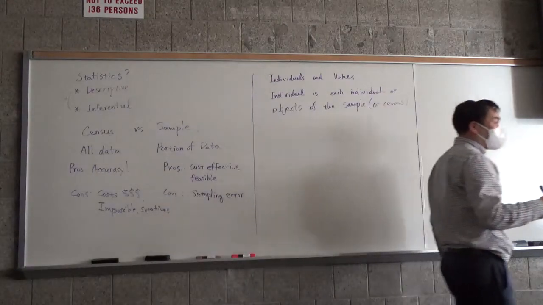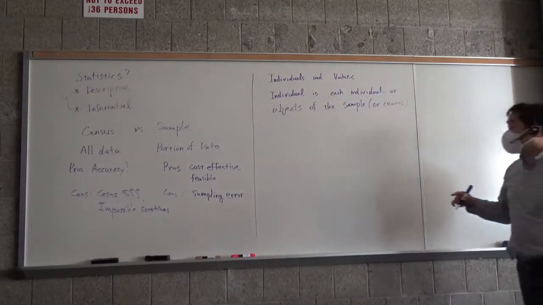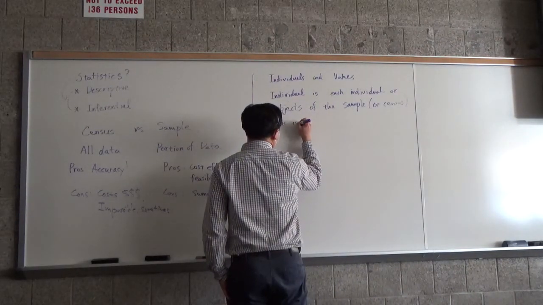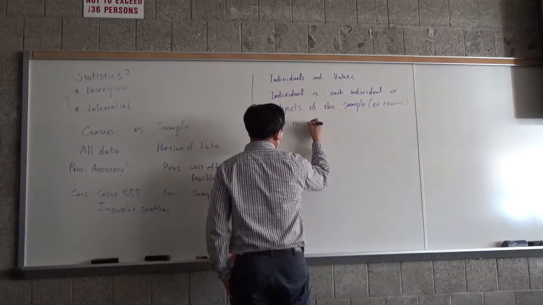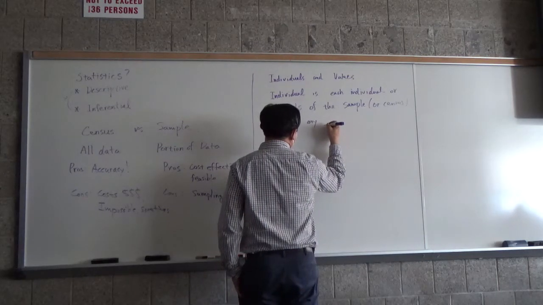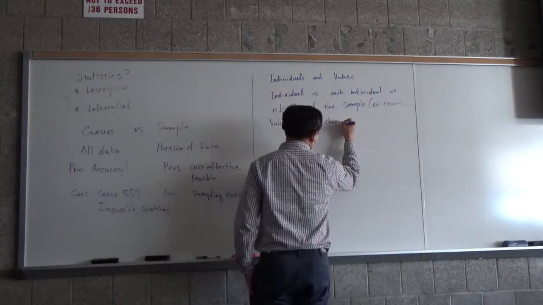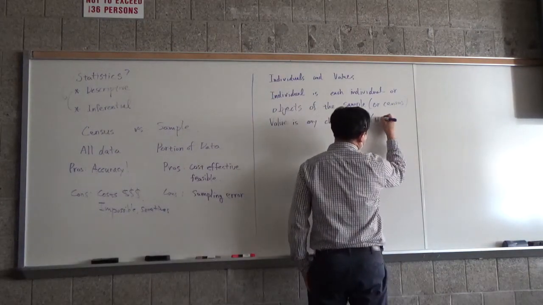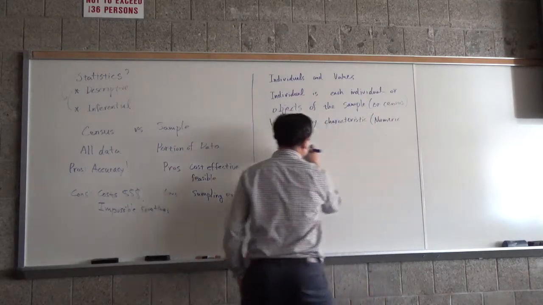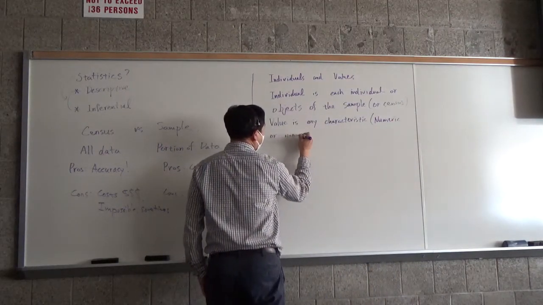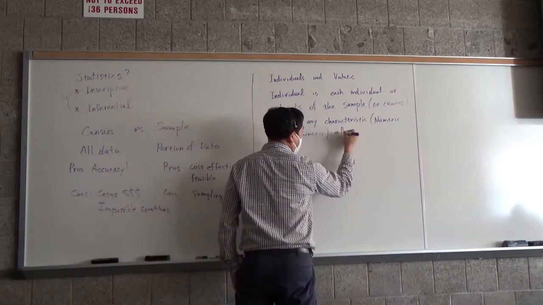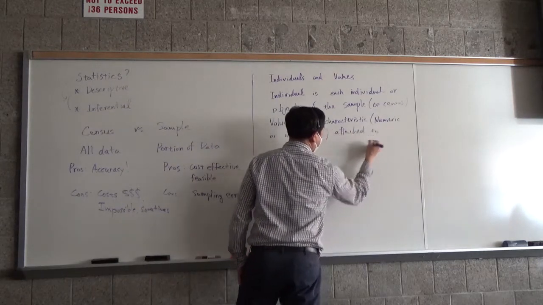So a value is any characteristic, okay, which could be numeric or non-numeric, attached to each individual.